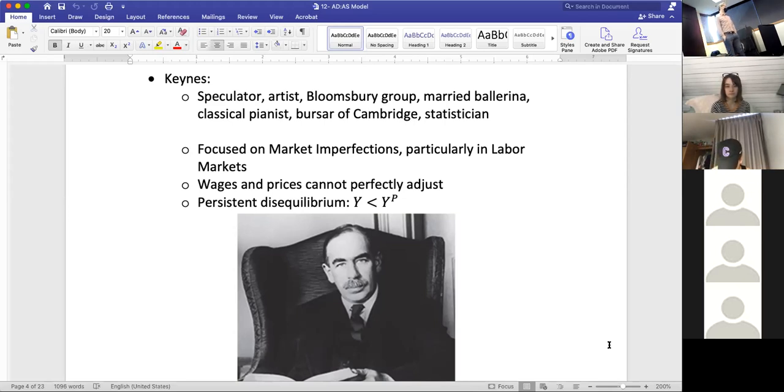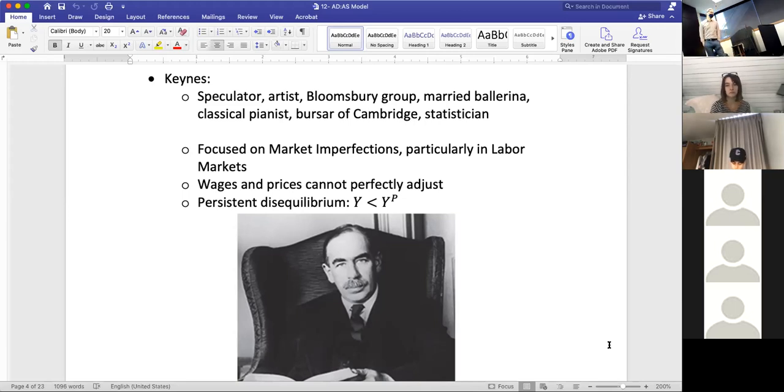Keynes himself was a very interesting guy. He was an academic, but he was also a practitioner. He was a speculator in financial markets.